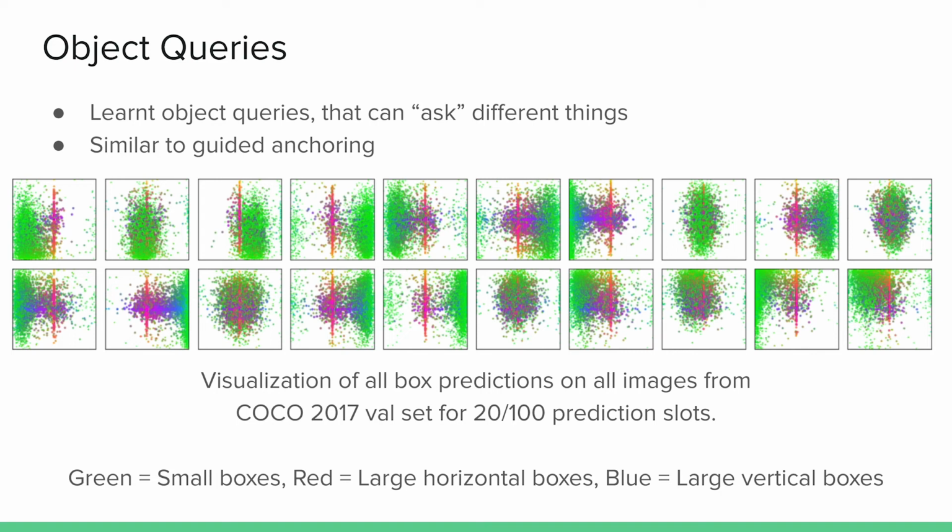Red would be large horizontal boxes and blue large vertical boxes. It's quite interesting to see that some of these object queries focus more on the center and say, give me small boxes and big boxes in the center, and other object queries are conditioned to look on the side and maybe only look for small objects on the left, or small objects on the right, or long objects in the center, and so on and so forth.